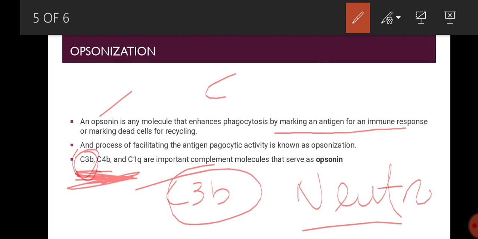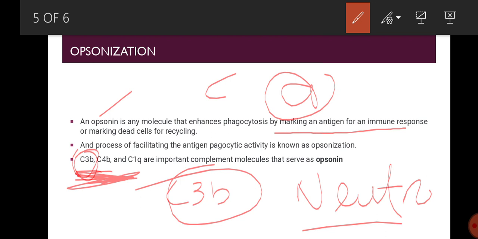Some of the components present in the plasma, the a parts, will cause the attraction of the neutrophils, and some of the components, C3b and C5a, or any other component, will cause the production of the antibodies.